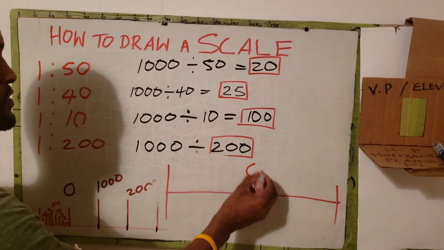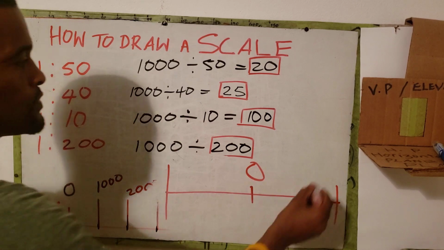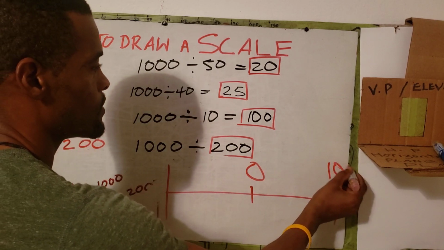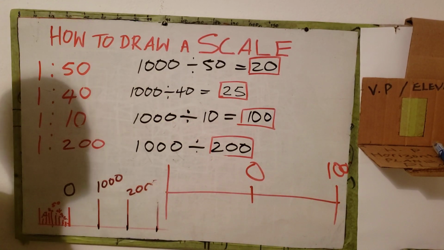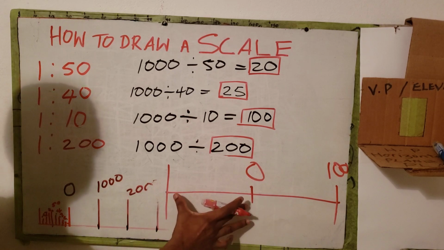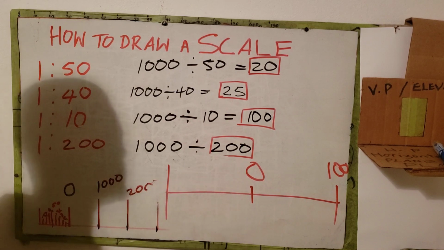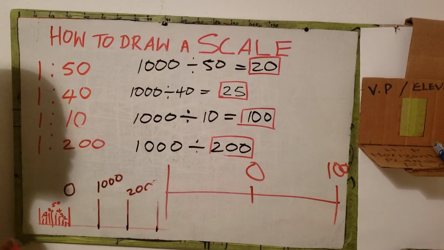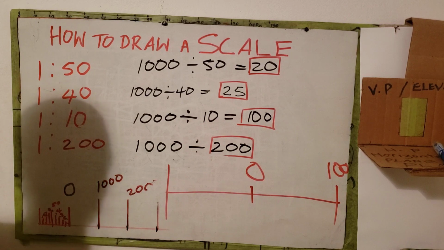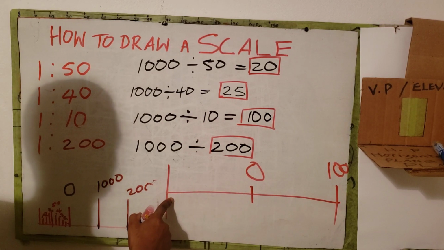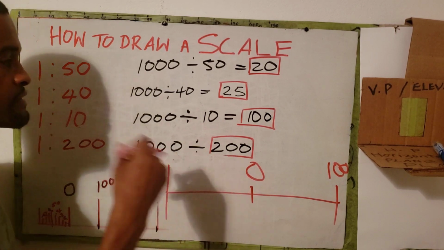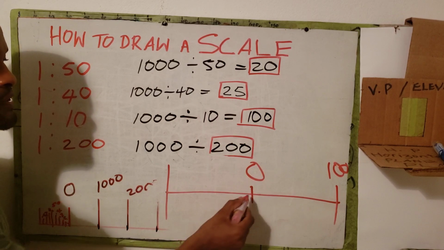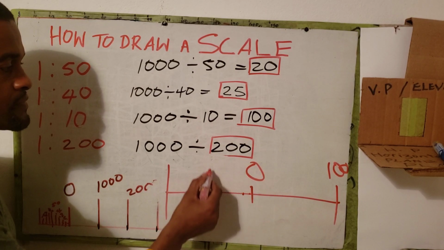You would then add your 0 and 1000 there. Of course, the first one again must be divided into 10 equal parts as outlined in the book. So we divide this into 10 equal parts, 100 being divided into 10 equal parts. Each part will represent 10.